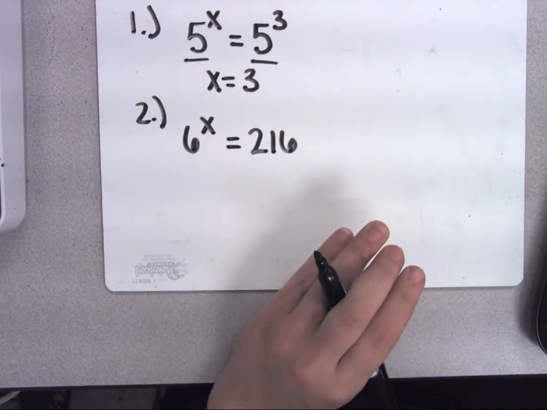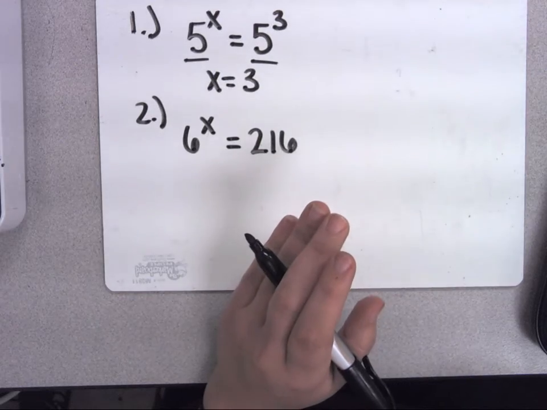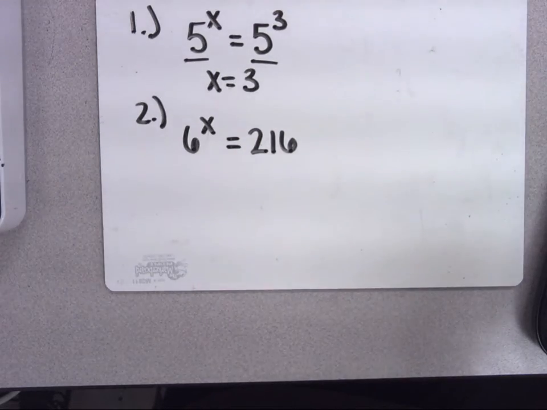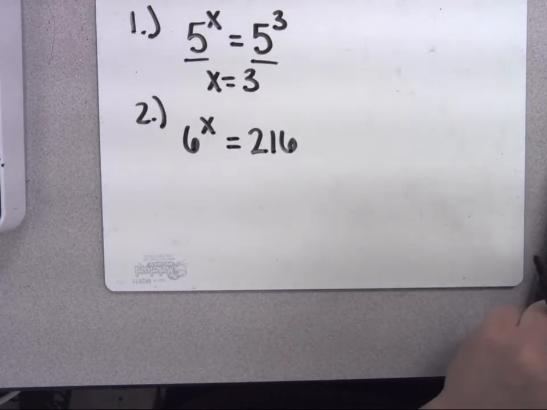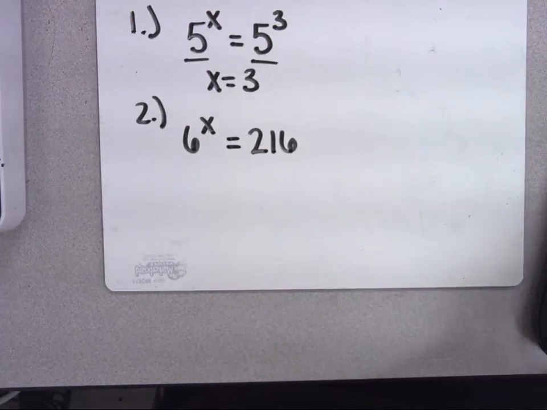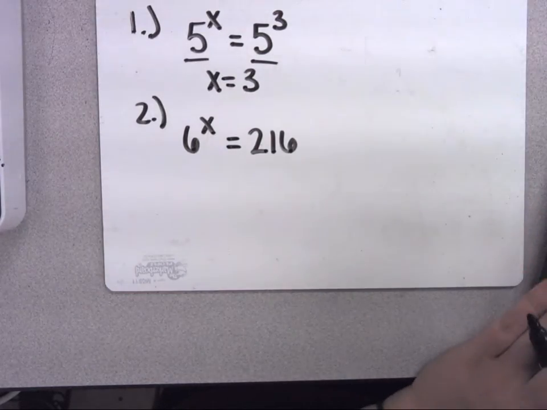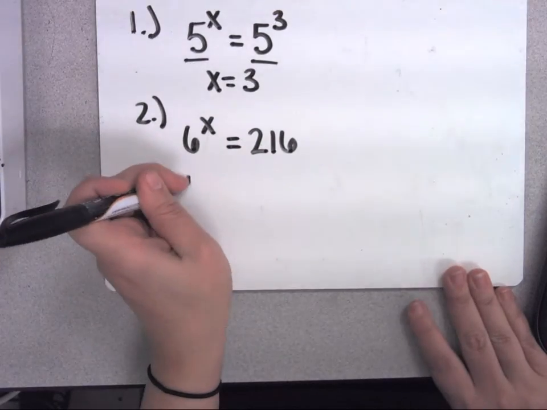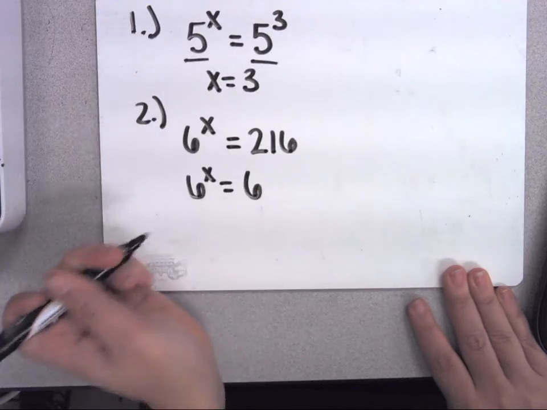So it's really like guessing and checking. You go, I wonder what 6 to what power makes 216. You just take a guess. Well, I know it's not squared. It can't be too small, but can't be too big. I would guess 5 and see how it goes. 6 to the 5th, type it in my calculator. Ooh, that's 7,000. That is too big. So you just guess. Then you go, okay, that's 6 to the x equals, and if they tell you to show your work, you have to rewrite it.